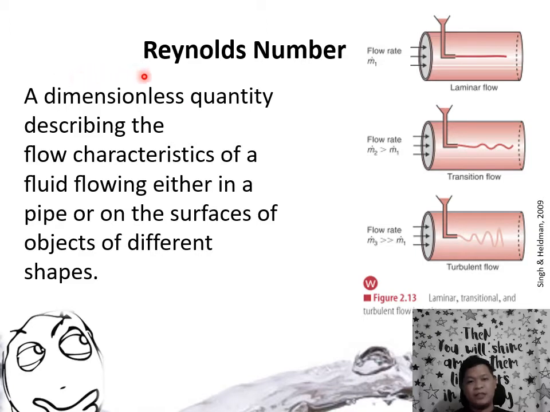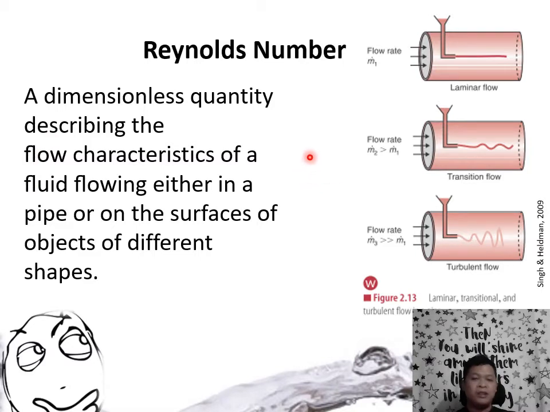So remember at the start of FS15 we discussed dimensionless quantities, one of them being the Reynolds number. So this is not an apostrophe S because Reynolds is again the surname of the person who was able to popularize or quantify this thing. So it's a dimensionless quantity describing the flow characteristic of a fluid.